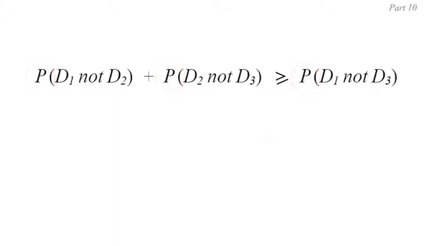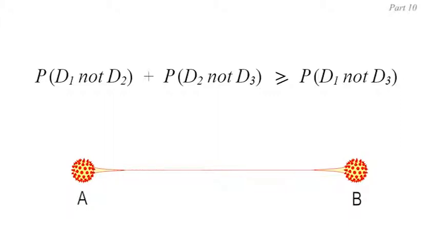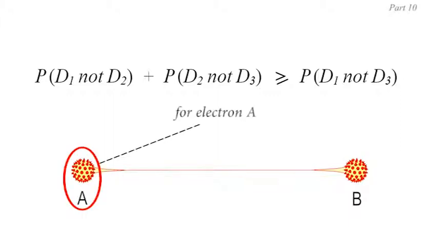We can deal with just one electron of an entangled pair, let's say the A electron, and consider the probability of its spin being measured in various directions.